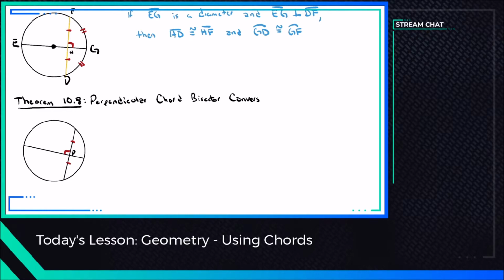So we've got point P, we have S, we have Q, and we have T, we have R, and it says if QS is a perpendicular bisector of TR, then QS is a diameter.